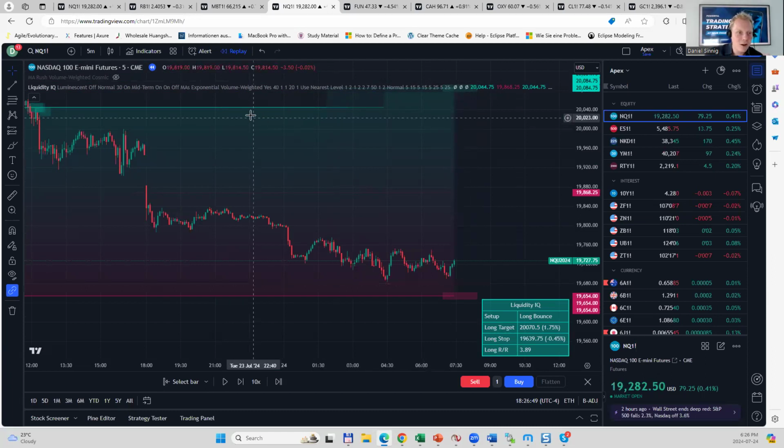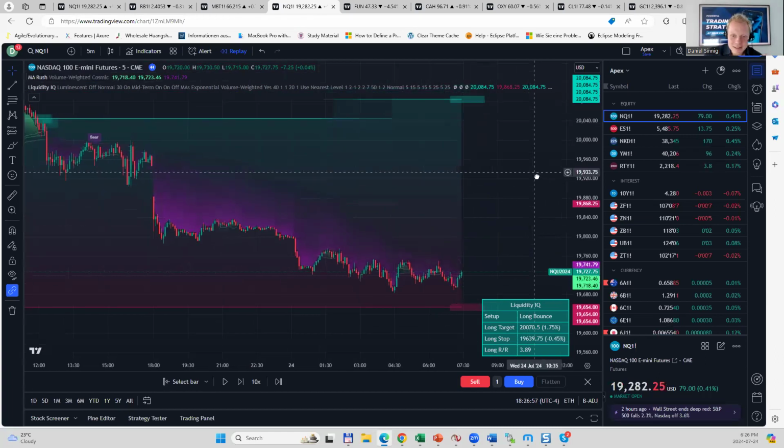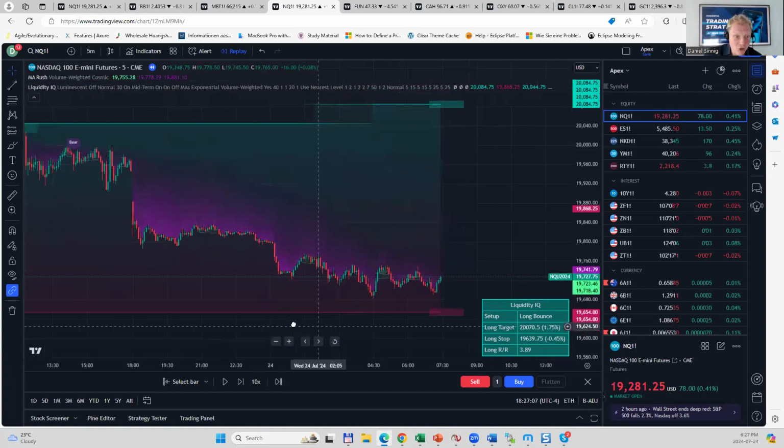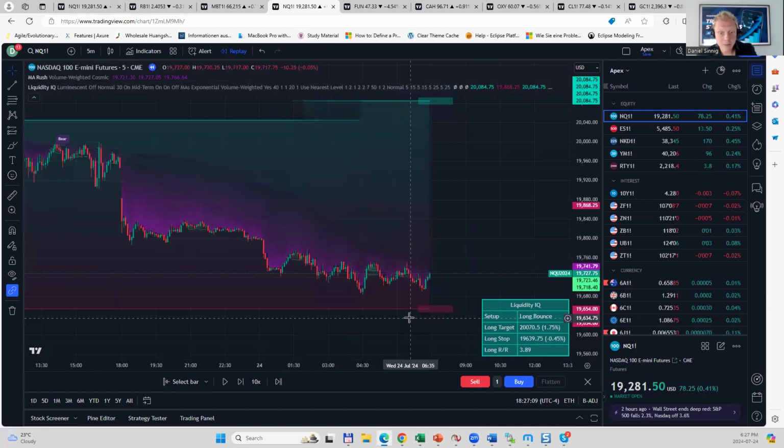And I'm going to switch on an indicator, which you have already seen, which is called MA Rush. So let me switch it on. And what you can see here is that this indicator has been flagging a bearish move for quite some time on NASDAQ on the 5-minute chart, which kind of contradicts our assumption that price will bounce off from this level.